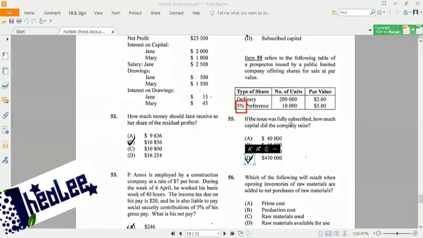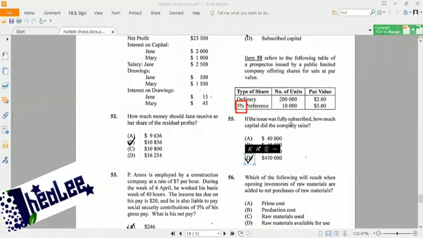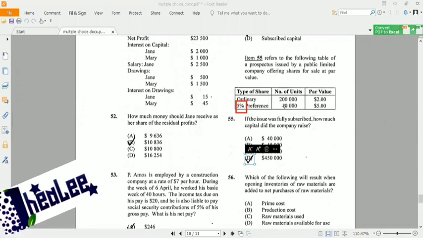So what would be the value of the dividend if you're paying out this 5% to the preference shareholders? $2,500. Excellent. That would be 5% of the 50,000 that was generated in share capital.